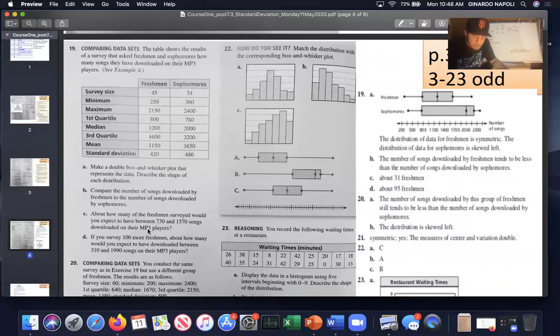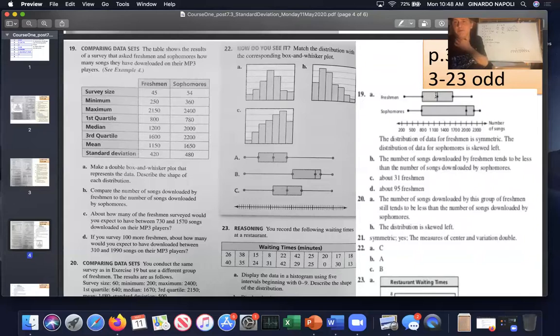And the same thing with D, right? If you want 100 more, okay, well, that's basically a percentage, right? So find out where 310 and 1990 are. Well, 310 is a little bit more than the bottom here, and 1910 is right there, so you can't really get precise.